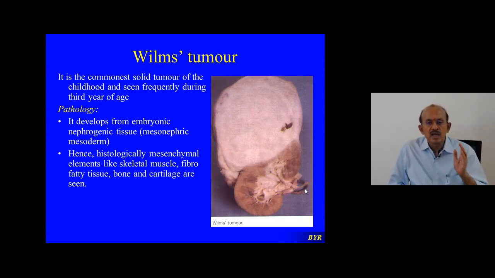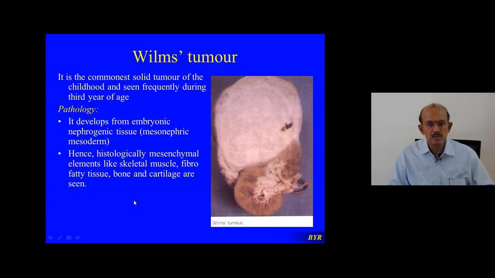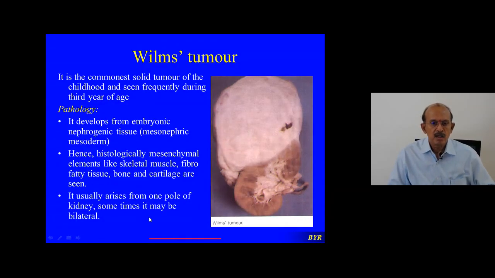Because the tumor arises from this particular cell, there can be muscle, cartilage, bone, etc. in the tumor. So histologically, mesenchymal elements like skeletal muscle, fibrofatty tissue, bone, and cartilage are seen in the tumor. So this is a blastoma. This is called nephroblastoma. It usually arises from one pole of the kidney. Sometimes it may be bilateral.